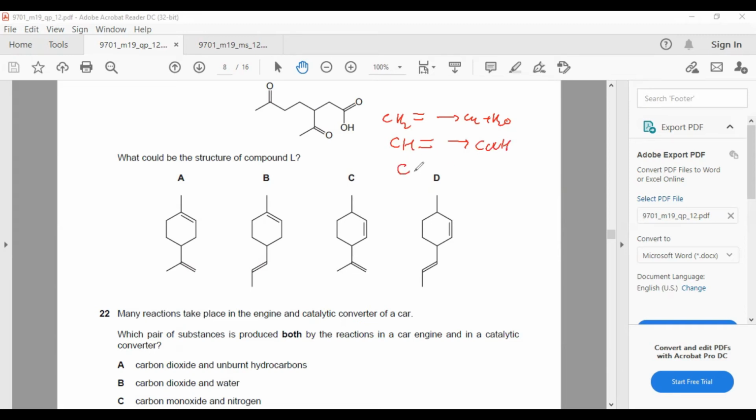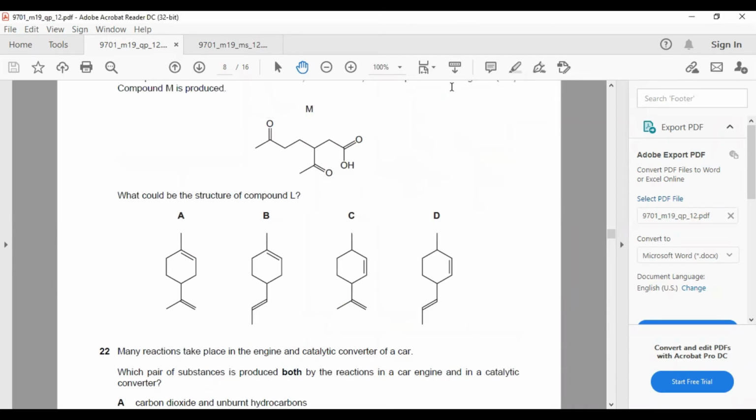If it is a double bonded carbon having 2 R groups, it means ketone is formed. So this is a rule. First you must know the rule, otherwise you cannot do this question.